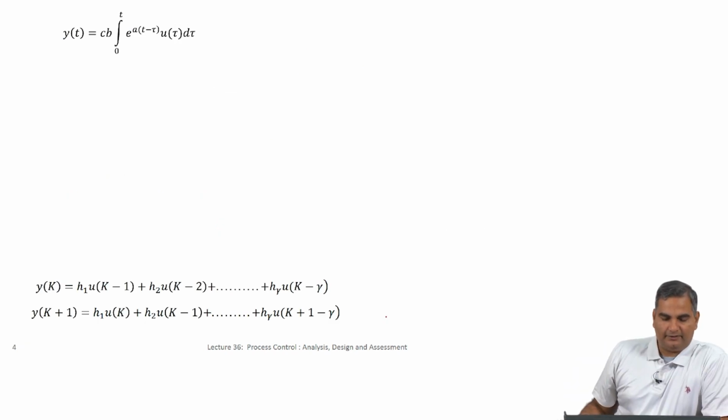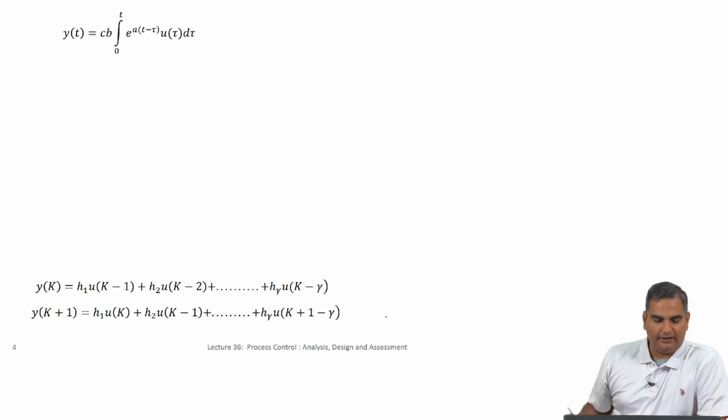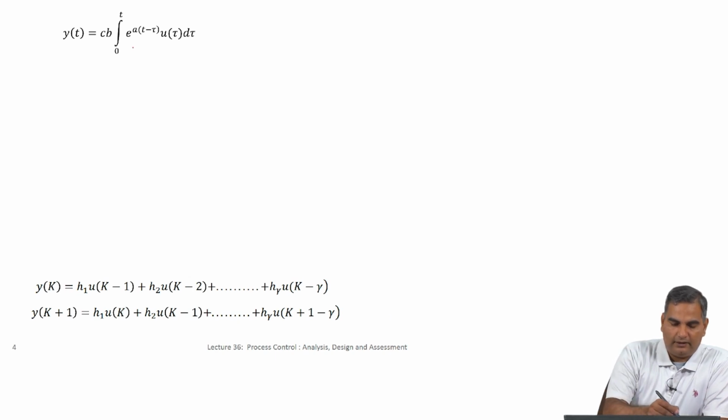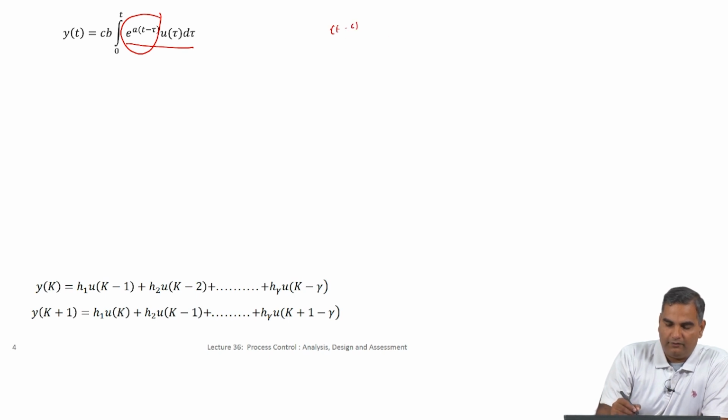Now, let us think about this as a sum, and look at these terms in a little more detail. This term is a function of t minus tau, and this function multiplies u(tau) as tau goes from 0 to t.